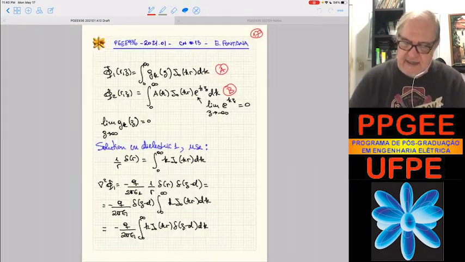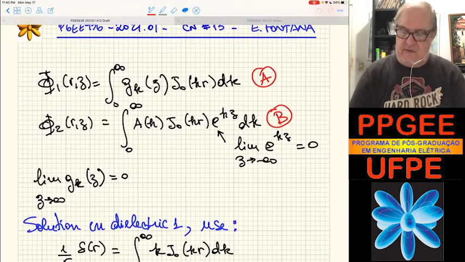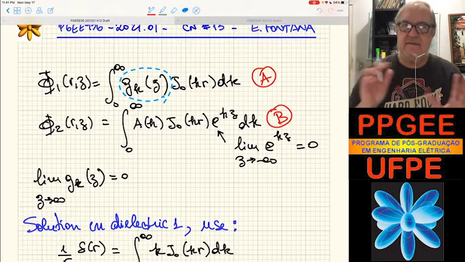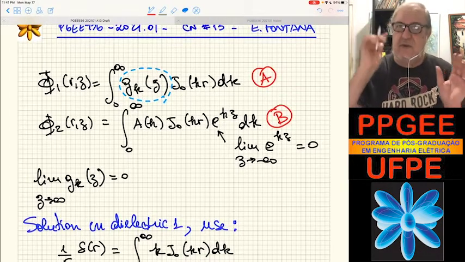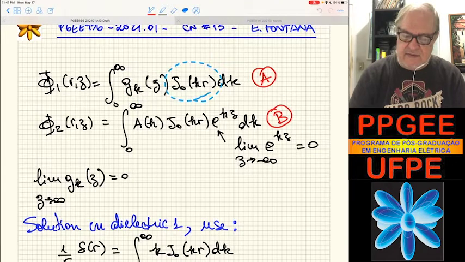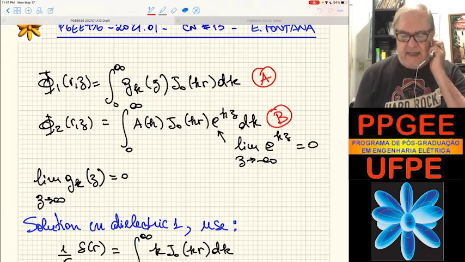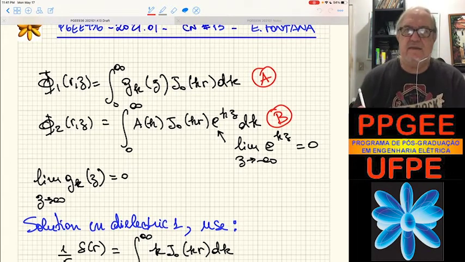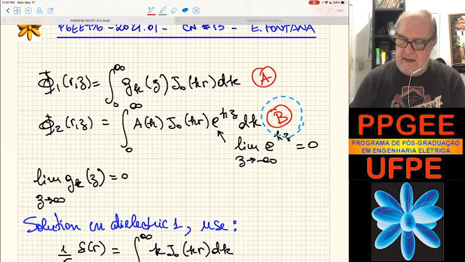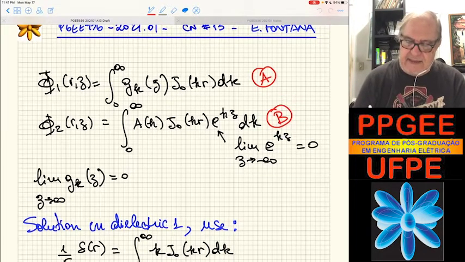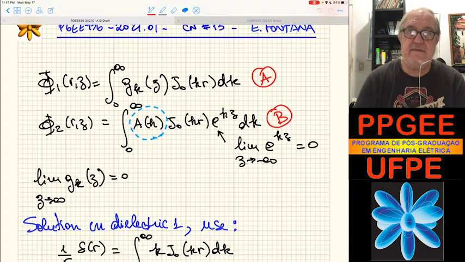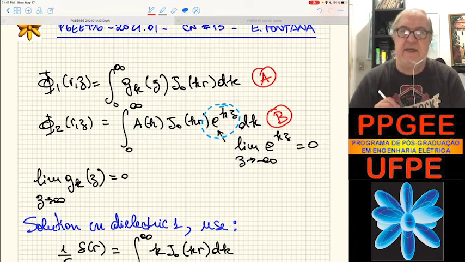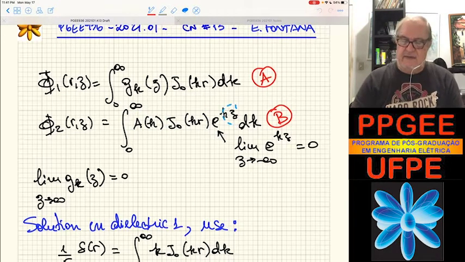So the function in the upper region, region A, is going to be represented by a function of z. This function has a combination of real exponentials times J_0. In the lower hemisphere, region B, you have a coefficient, A_k, a constant that depends on k, and an exponential that decreases as z goes to minus infinity.